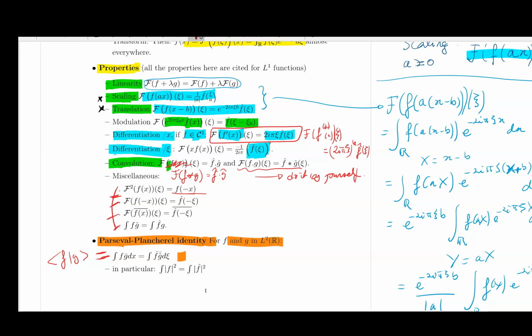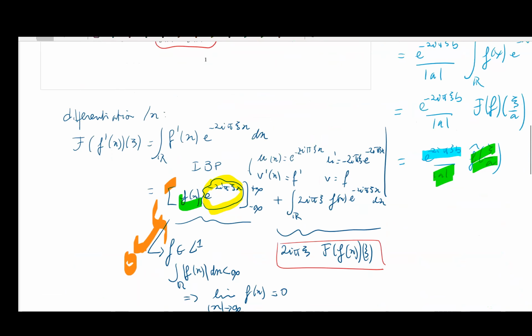But of course if F and G are both real functions, it's not going to change anything. And also very important, and similar to the previous Parseval formula that we had, the L2 norm of the function is equal to the L2 norm of its Fourier transform, which is very interesting sometimes.